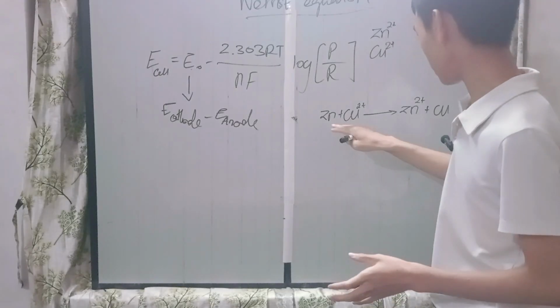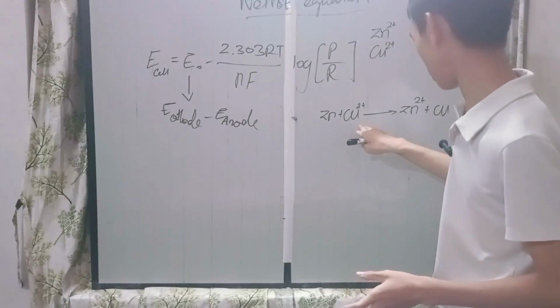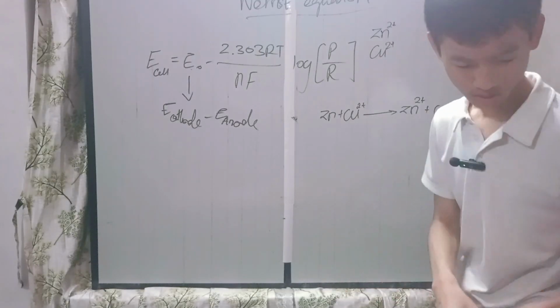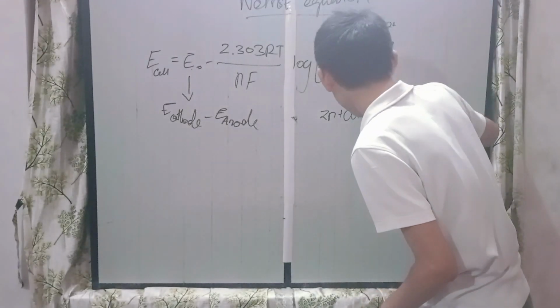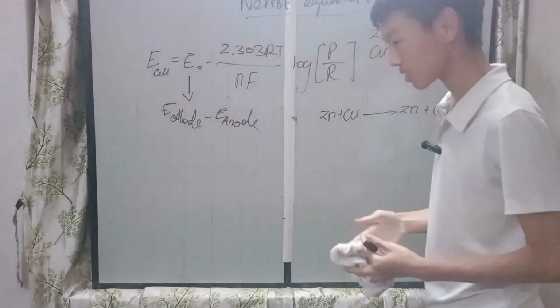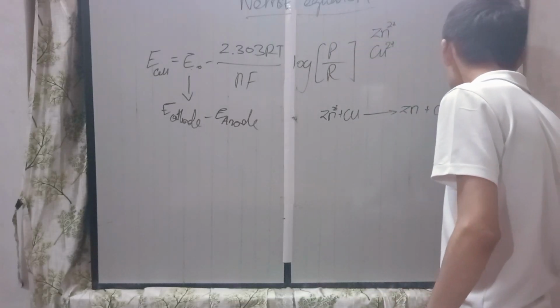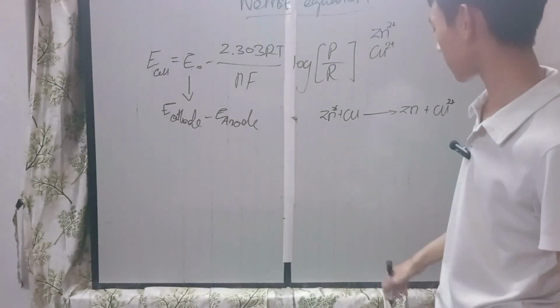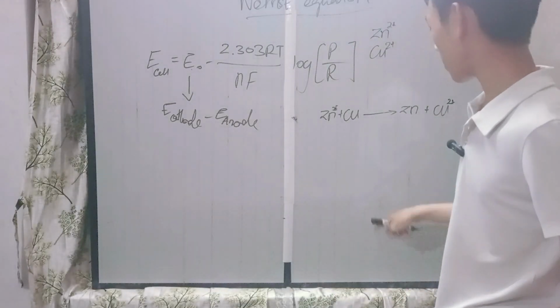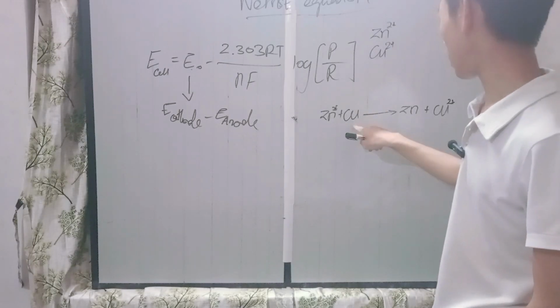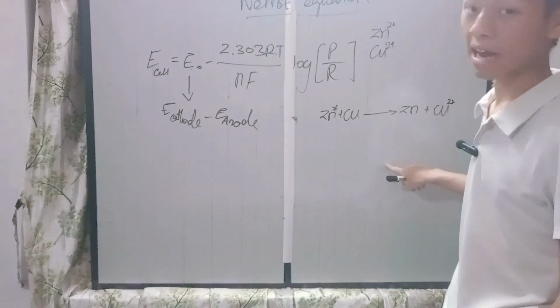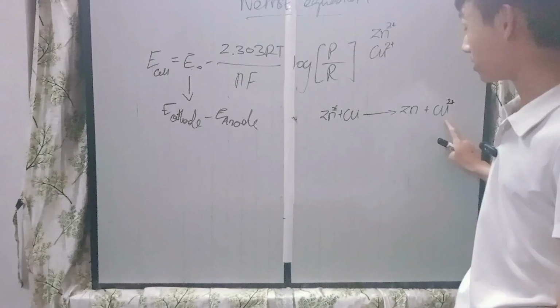The cathode is copper, so it will lose mass and become ions.